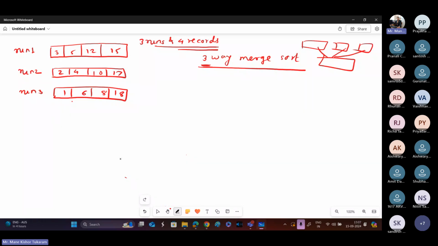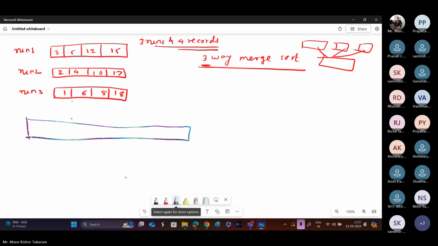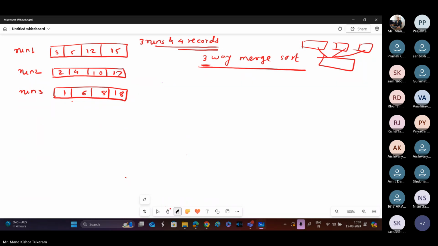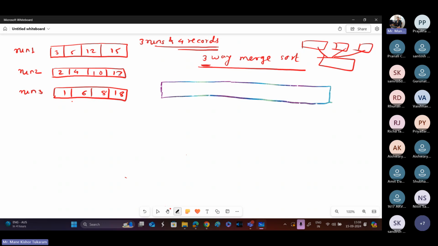So suppose I'm having these contents, and I want to sort the array. What is the length of that sorted array? Since there are 4 records in each run, 4 plus 4 plus 4, that is 12. So 1, 2, 3, 4, 5, 6, 7, 8, 9, 10, 11, and 12. Okay, so this is the sorted array.